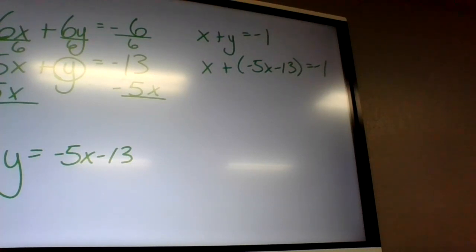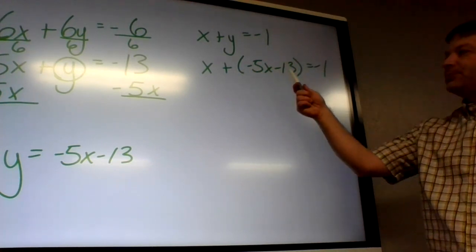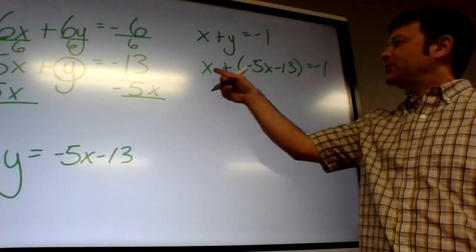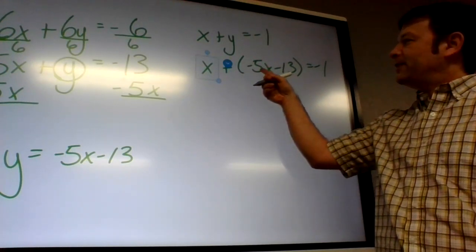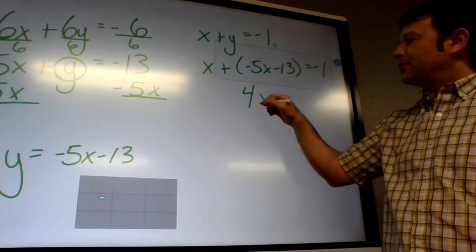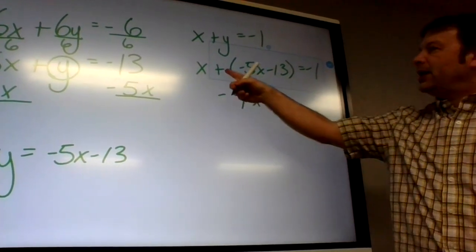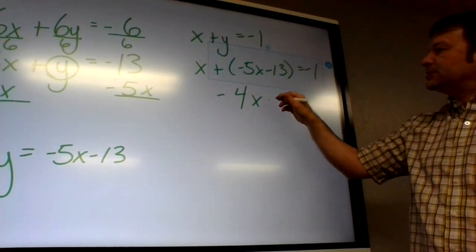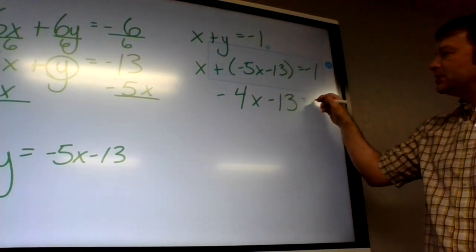When you're adding all that stuff, you don't really need the parentheses there, because it's basically just -5x minus 13, but I just put it there anyway. X plus -5x is -4x. And that's a minus 13.